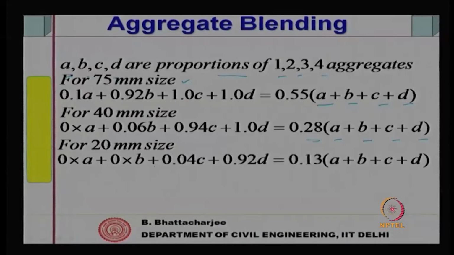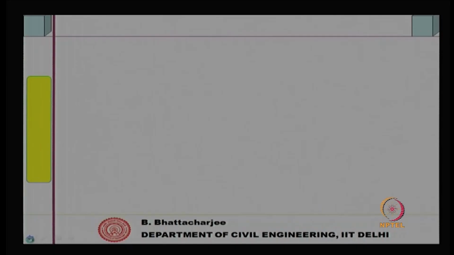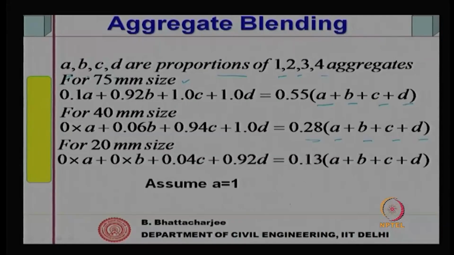So, I had 150 mm, 75 mm, 40 mm, 20 mm and 10 mm. For these, I can set 4 equations. Here of course, we have done one thing: we have assumed A equals 1. So, that one is eliminated straight away, and I need only 3 equations.